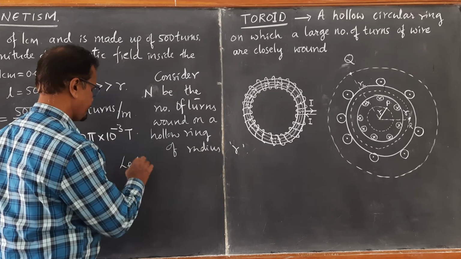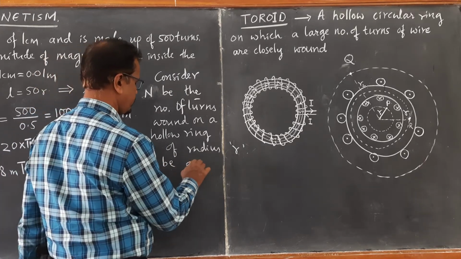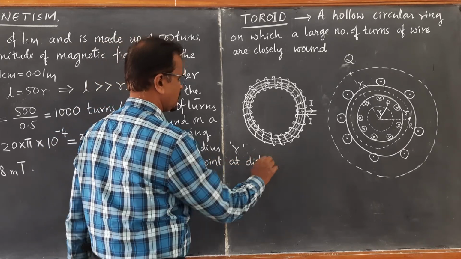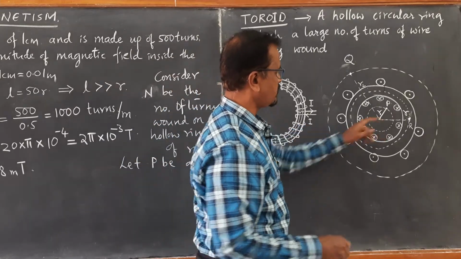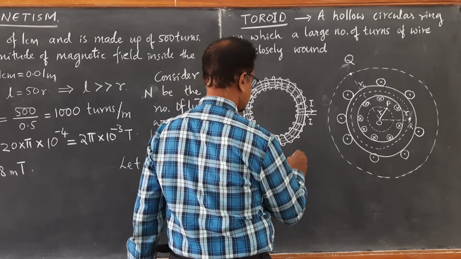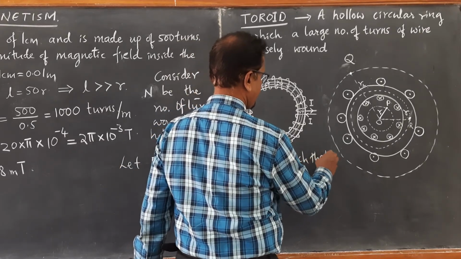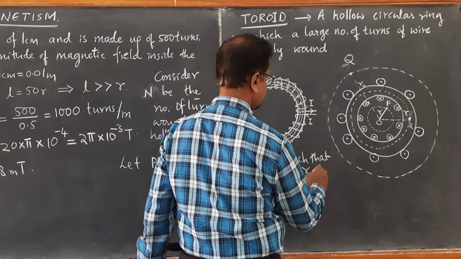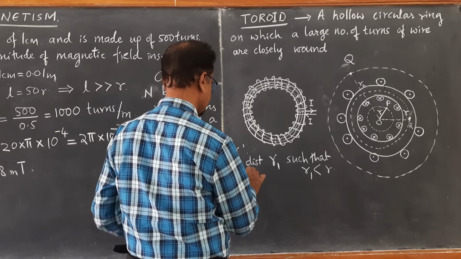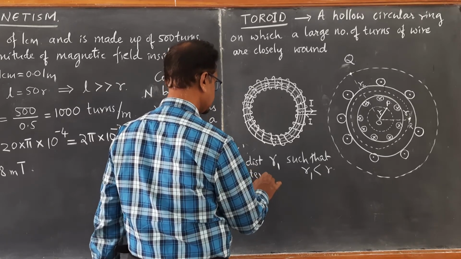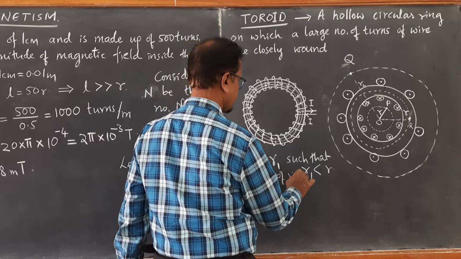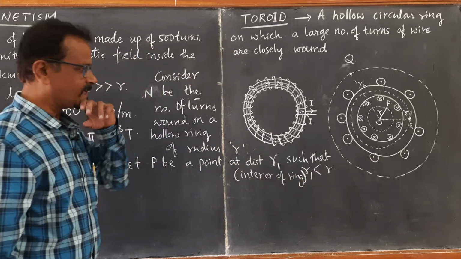Let P be a point at distance r1 from the center O, such that r1 is quite less than r, in the interior of the hollow ring.